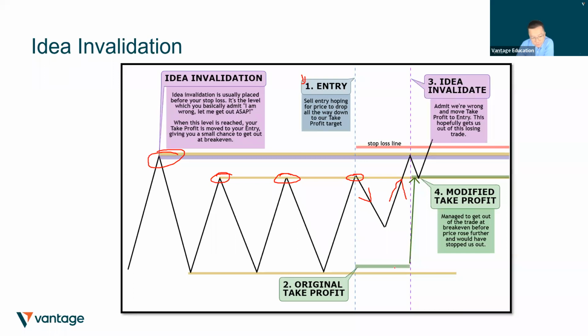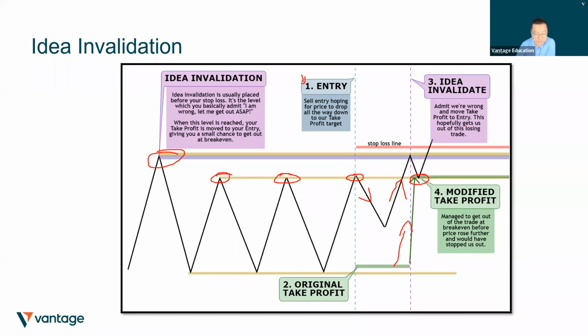So you move your original take profit towards the upside, towards that break-even level, towards where you would have got into that trade. And what you might see is that price comes down, hits your take profit at break-even. That's what we call an idea invalidation. And then it goes up, and could have hit your stop loss if you didn't try to close out that trade at break-even.